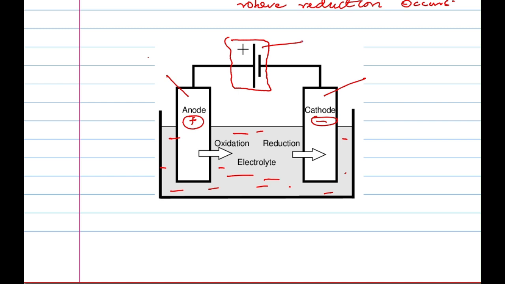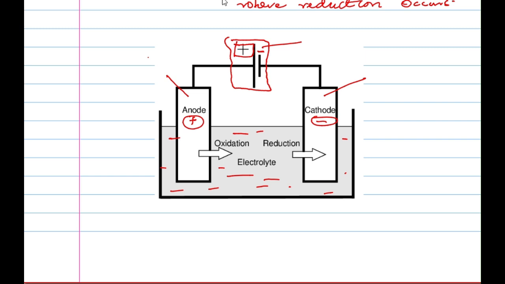So this is what supplies electric current into the circuit that allows the electrons and ions to move around in the circuit. So this is the positive side of the battery, and this is the negative side of the battery. What must always come to your mind is that the negative side of the battery is rich in electrons.